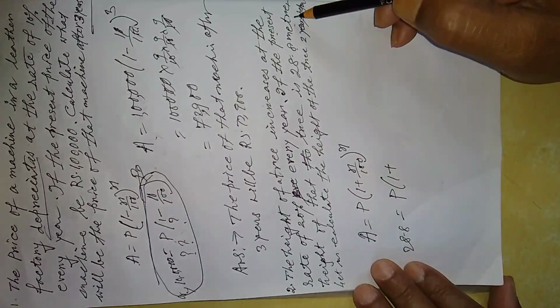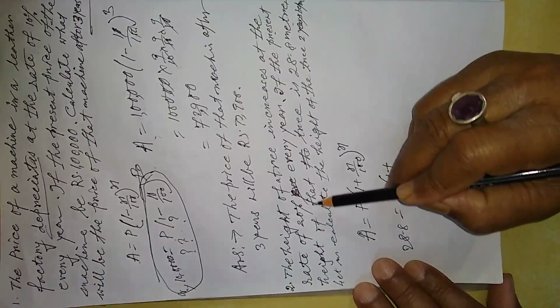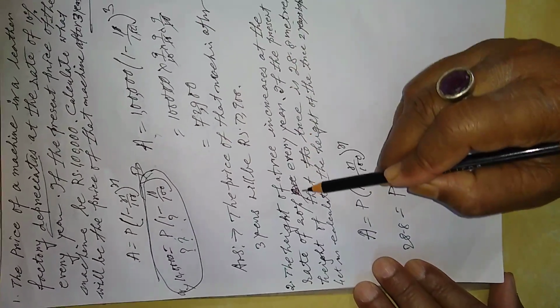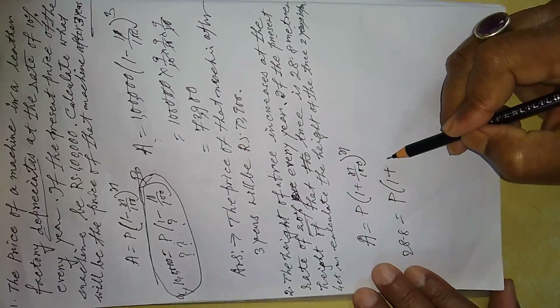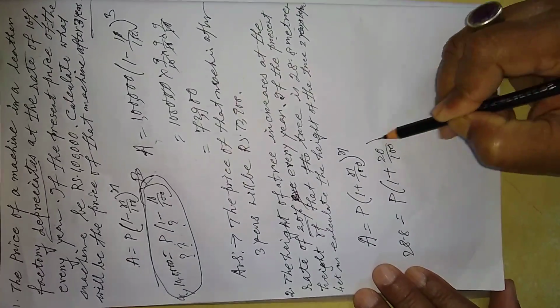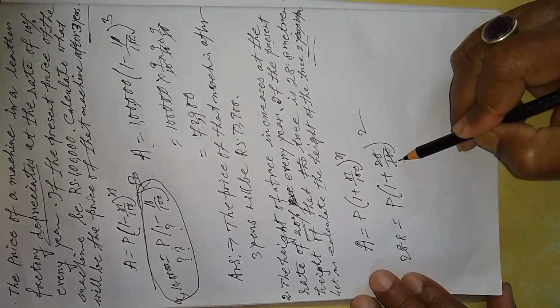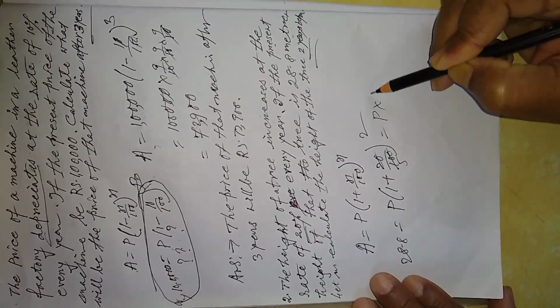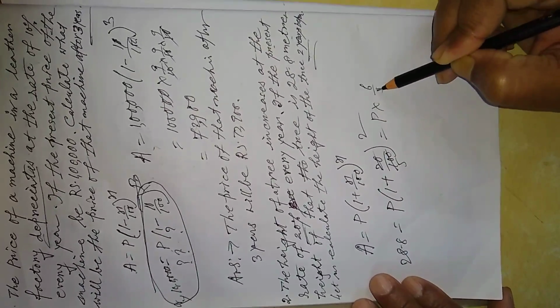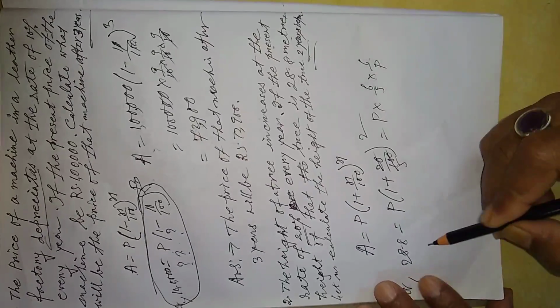Look at the percentage: 20 by 100, and the number of years is 2. So 20 by 100 is 1 by 5, that is P into 1 plus 1 by 5, 6 by 5 into 6 by 5.